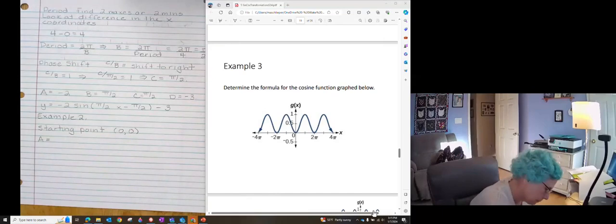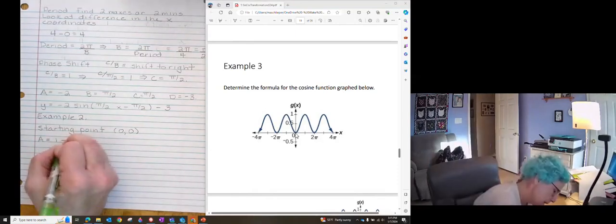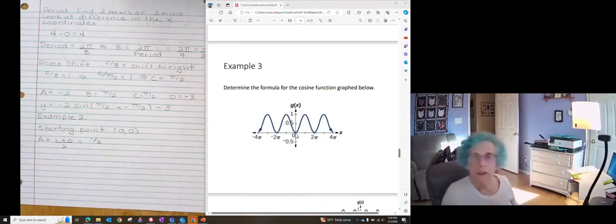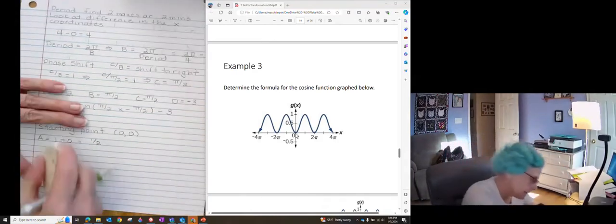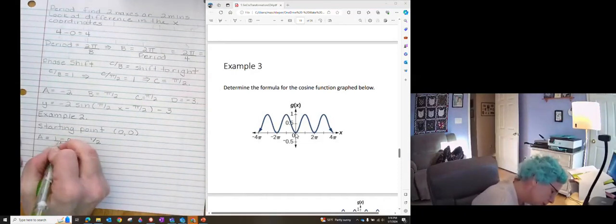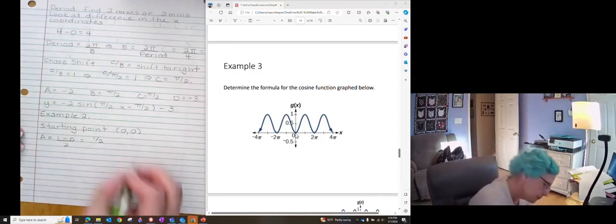We look at the y-coordinate of a max, which would be 1, and the y-coordinate of a min, which would be 0. So (1 minus 0) divided by 2 is equal to 1/2.